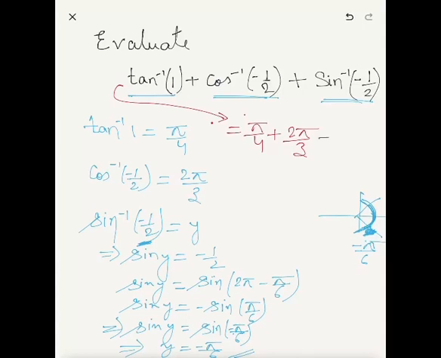Okay, minus pi by 6, plus pi by 6, but here you got minus, isn't it? So you have to write minus pi by 6. When you solve this, your answer will come out to be 3 pi by 4. Okay, just take the LCM and solve it. This is your answer, 3 pi by 4.